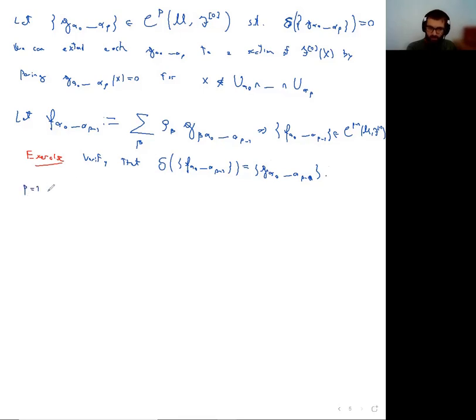Let's just do the case p equal 1, at least we believe it before we move forward. So what happens here? Say at the index alpha 0 alpha 1. Well, this is just f alpha 1 minus f alpha 0. This is the definition of the delta. And now we replace this f alpha 1 and f alpha 0 with the definition. So we get the sum in beta of rho beta times g beta alpha 1 minus g beta alpha 0.